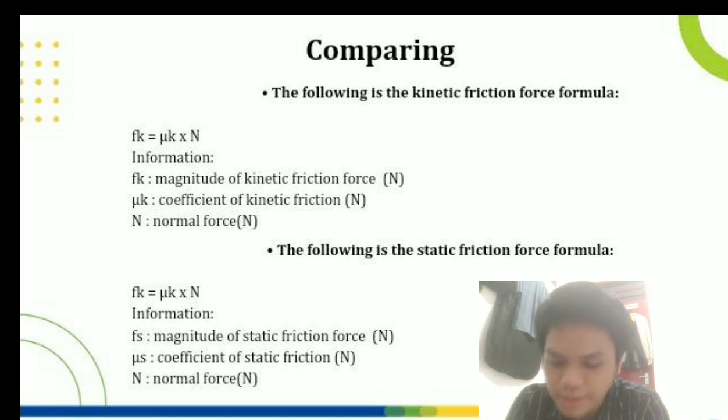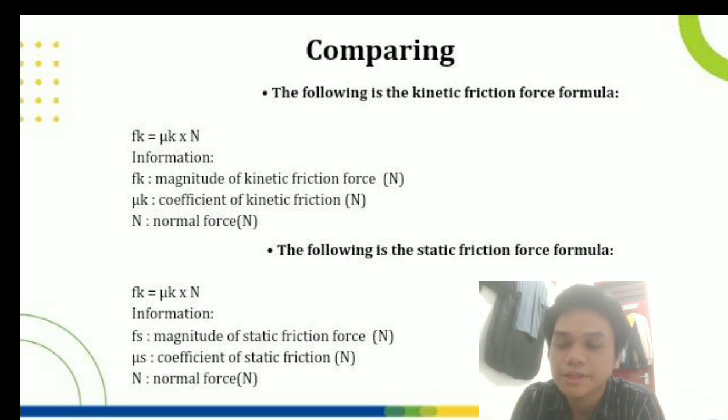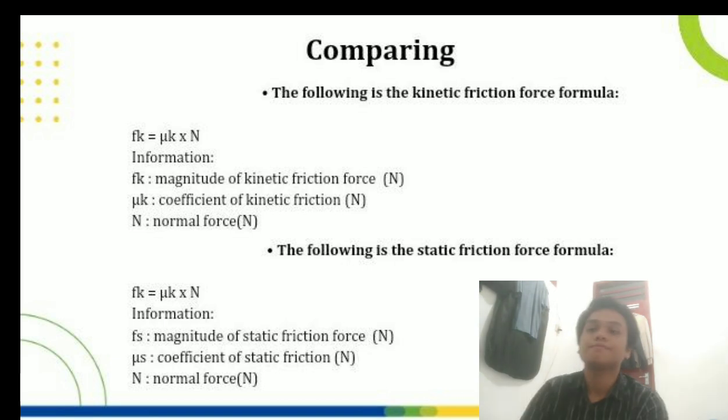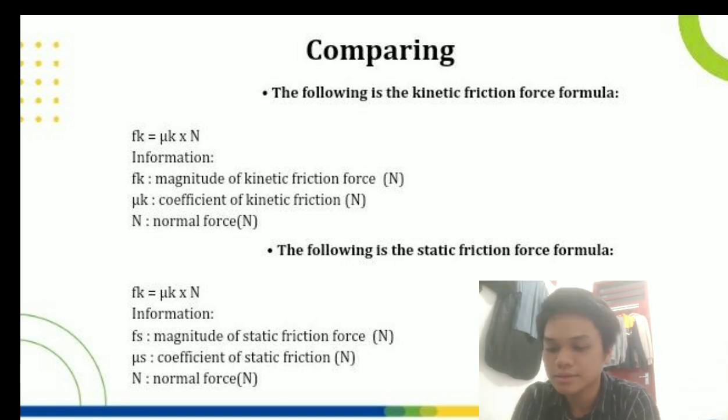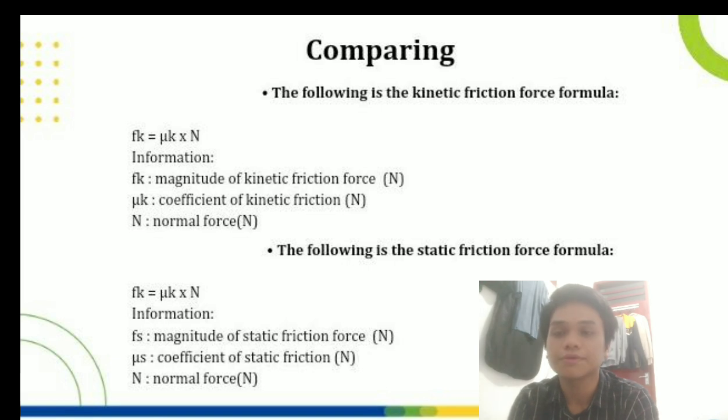The following is the kinetic friction force formula. The magnitude of kinetic friction force equals the coefficient of kinetic friction times the normal force. And then the next friction force is kinetic or dynamic friction, which occurs when two objects move relative to each other and rub against each other.